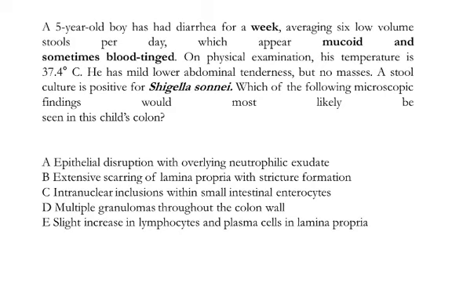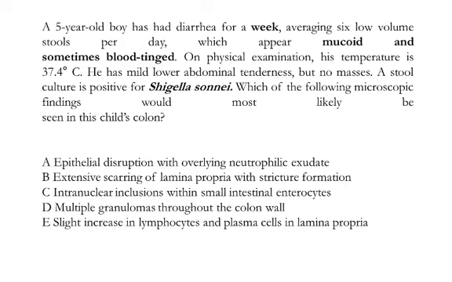Sometimes we have 2-3 species causing one disease. In this case, we have not just Shigella sonnei, but also Shigella dysenteriae and Shigella flexneri. So there are 4 species related to dysentery.